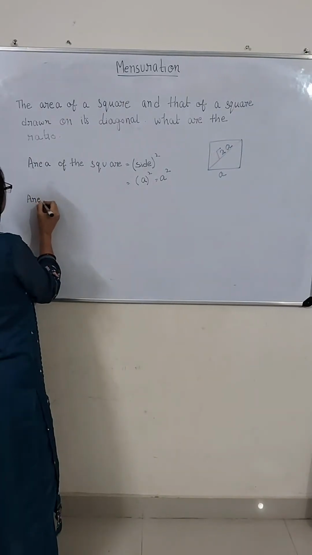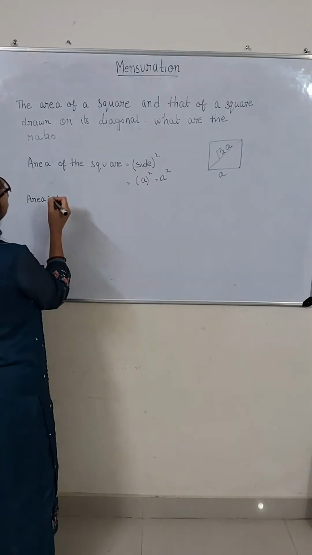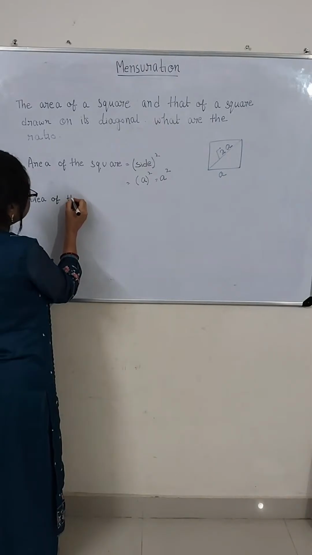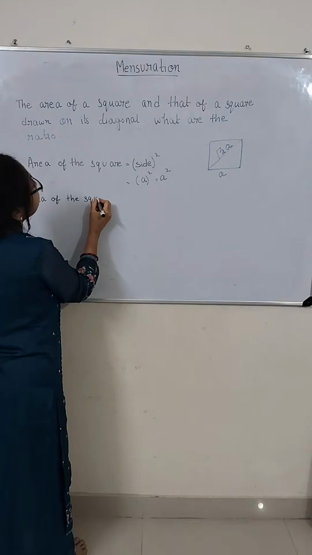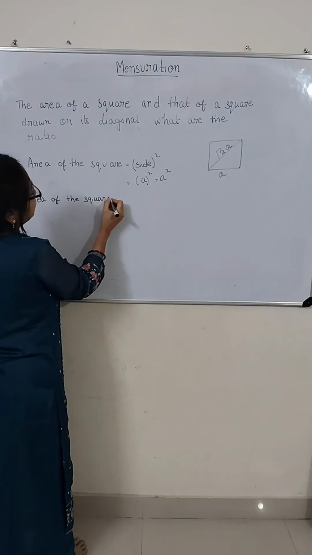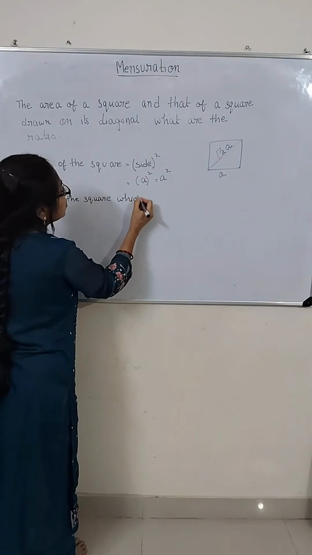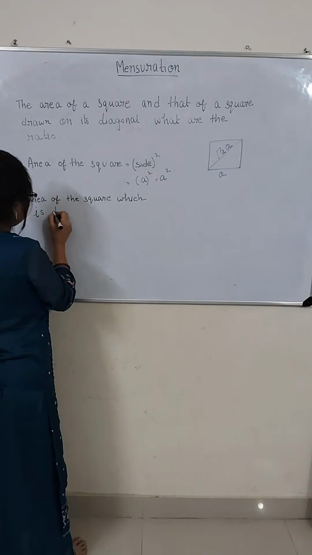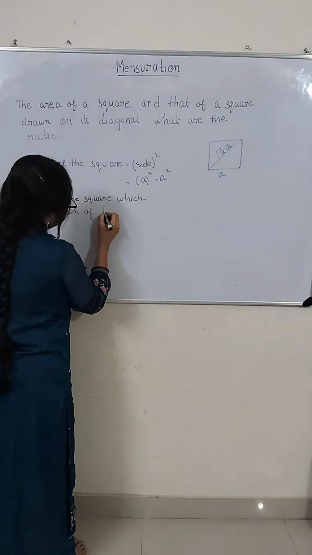Now, the area of the square which is drawn on the diagonal.